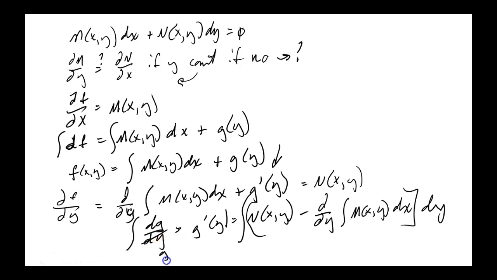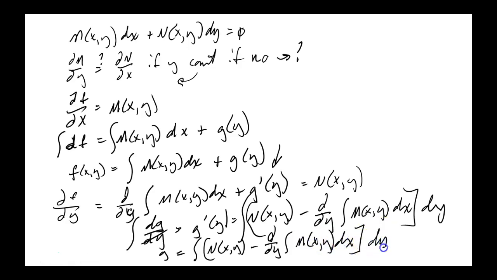This gives you your g, and this gives you whatever that is: the integral of n of xy minus the derivative, and this is all in parentheses, derivative with respect to y of the integral of m of xy dx, dy.